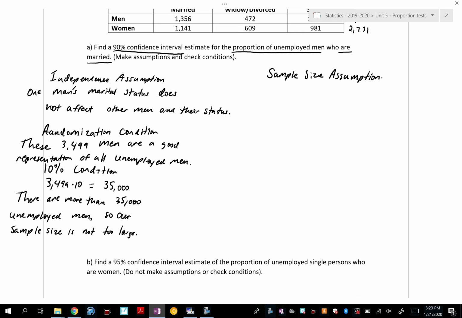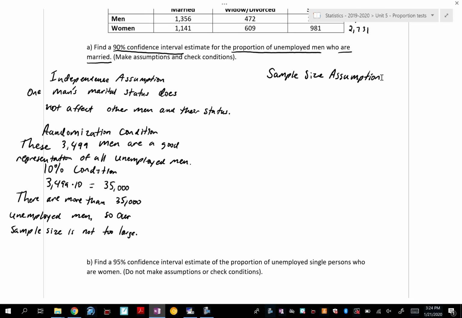So there's a reason that the last condition underneath the independence assumption is the 10% condition, because it's about the sample. So we just concluded the sample is not too big. So then the next statement should be, but it's big enough. So not too big, but it's still big enough. That's what I'm trying to help your brain understand about the process of doing this.